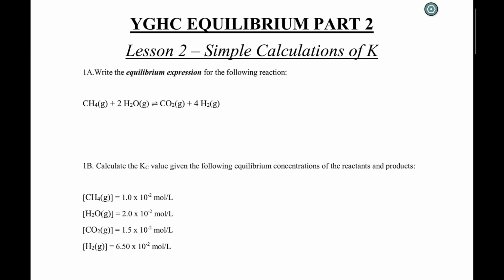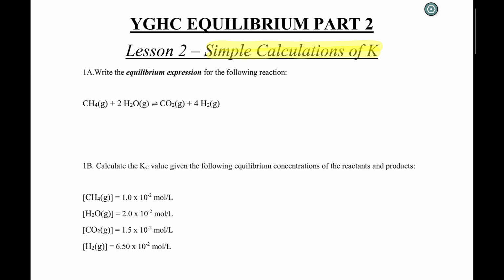Now, this lesson is titled Simple Calculations of K because there's two kinds of calculations that we're going to do in this unit. One's where we simply apply values of concentrations at equilibrium into an expression. So those are simple ones. Those are the ones we're doing today.